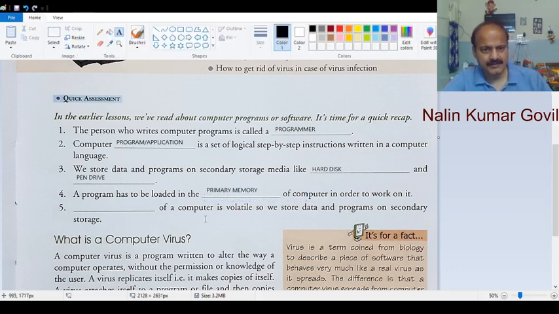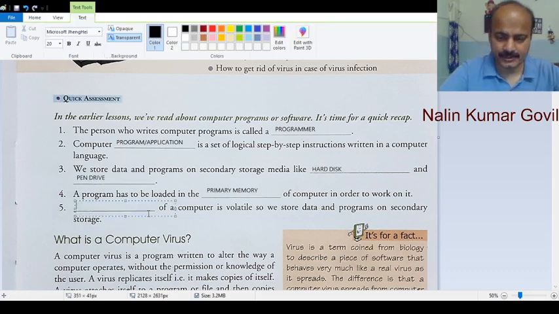Blank space of a computer is volatile, so we store data and programs on the secondary storage. So its answer is again the primary memory.